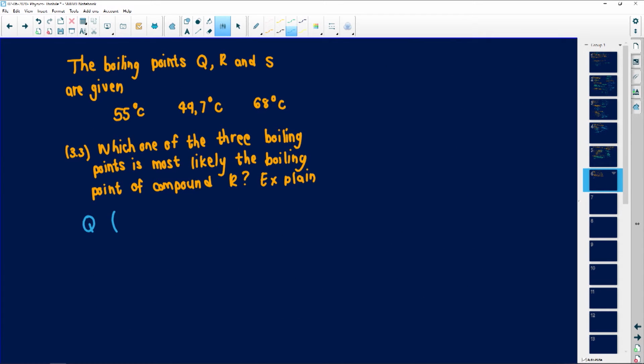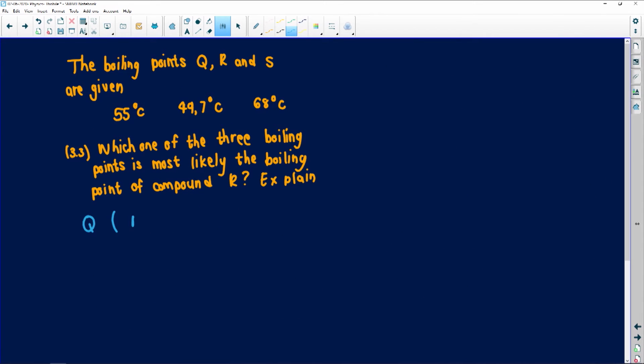With Q, there are 4 straight chains, and what is important? Remember, if something is a straight chain, it is much easier to break than something with a lot of branches, because a straight chain you can break like this, like this, like this. But if something has to break here and there and down here and continue breaking and up there, it requires a little bit more than somebody just going in one straight way.